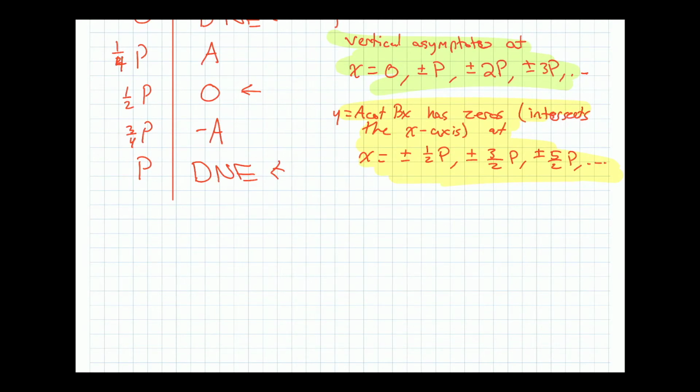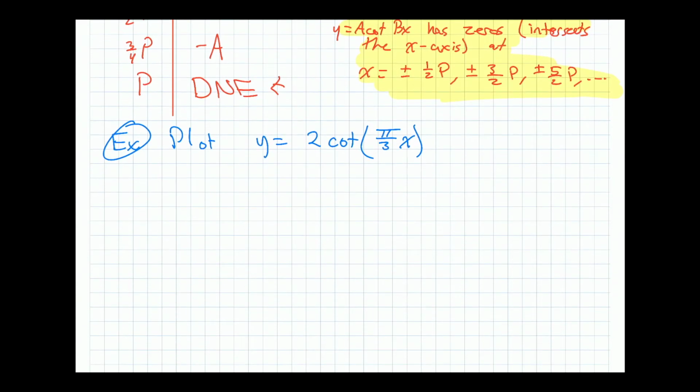So let's plot one. See how that goes. Example. Plot y equals, I don't know, 2 cotangent. You know what we haven't had? We haven't had any of these pi's here. Let's say pi over 3 x. We haven't done one like that. Let's do that one. Okay. So what are we going to do first?